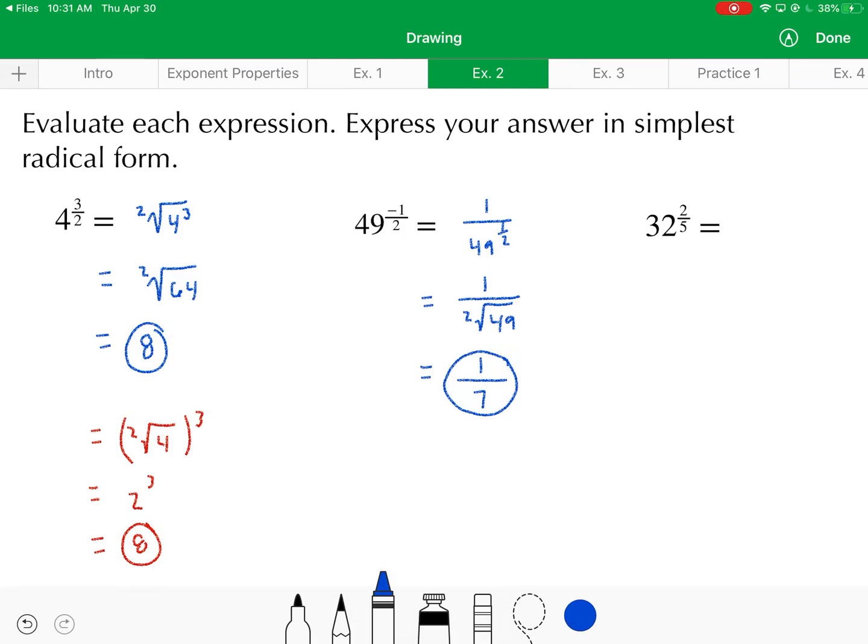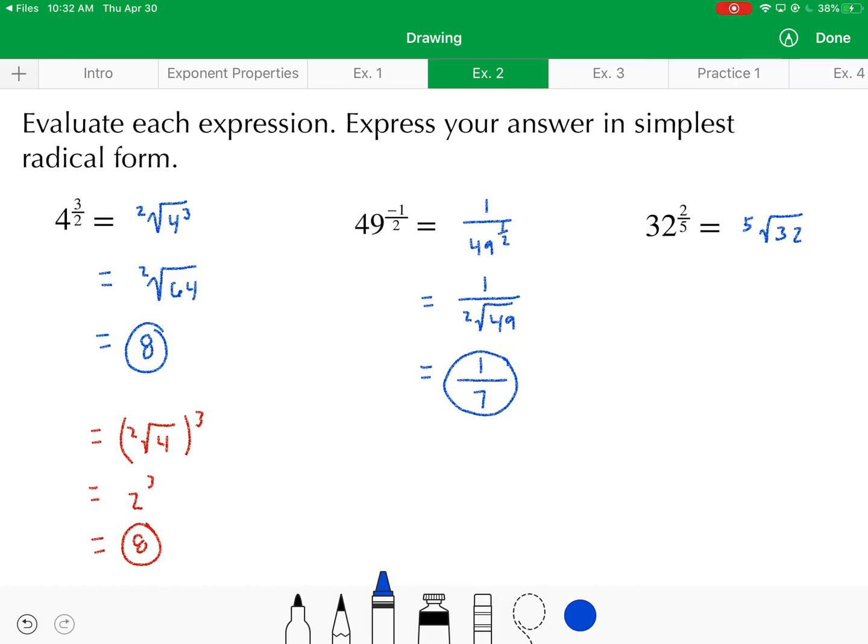Next, we have 32 to the 2/5 power. So this will be kind of similar to the one that's over on the left here. I'm going to rewrite this as the 5th root of 32, and then I have a decision to make. Should I put the 2 on the inside or on the outside of the radical? Well, if you put it on the inside, then you're going to have to take 32 and square it, which is going to be a pretty large number.